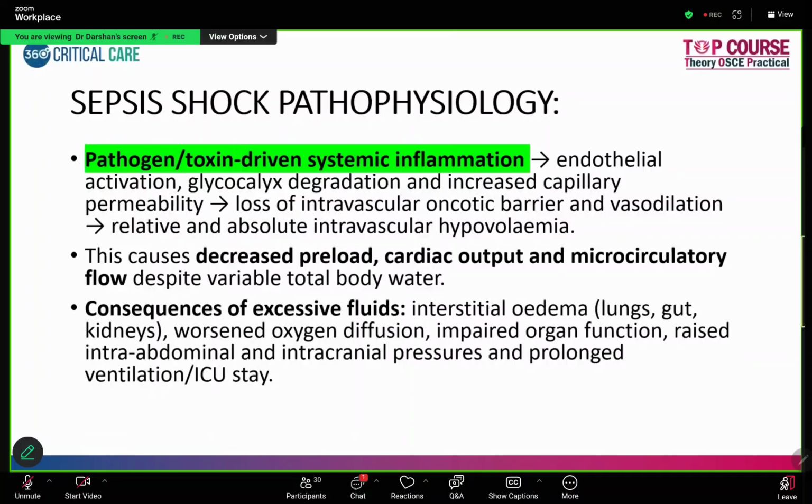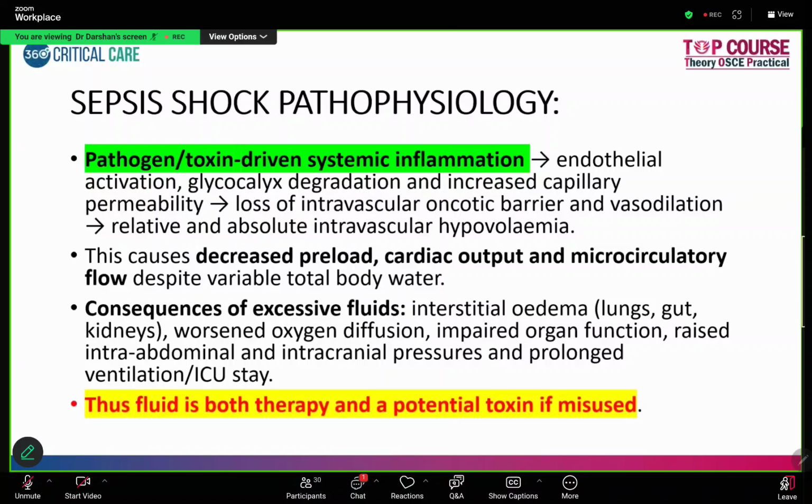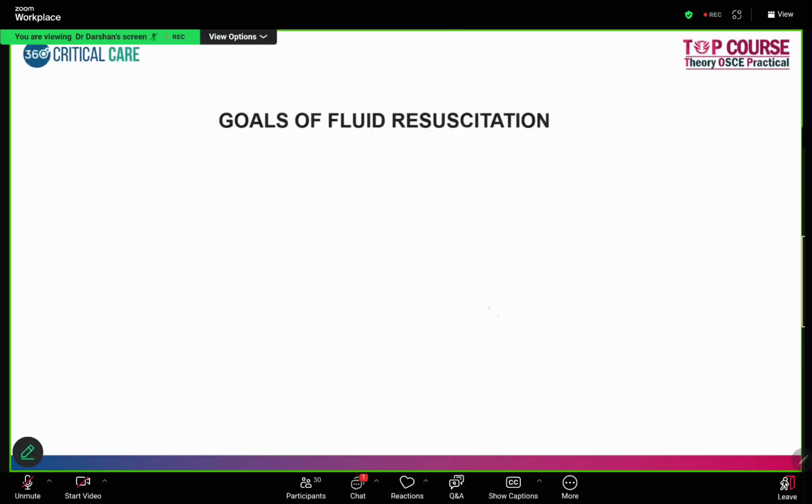If at all we do overzealous treatment at this particular stage, it can lead to detrimental effects of fluid therapy like interstitial edema, worsening oxygen saturation, impaired organ function, compartment syndrome, etc. So these are the issues which we face with septic shock or sepsis fluid management. Remember that fluid is both a therapy and a potential toxin if it is misused.